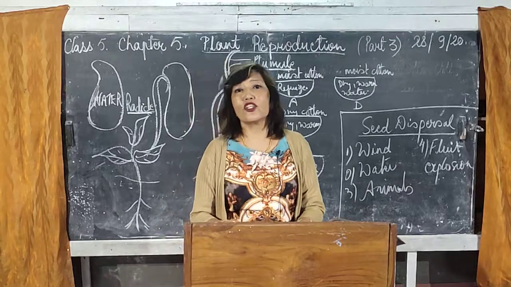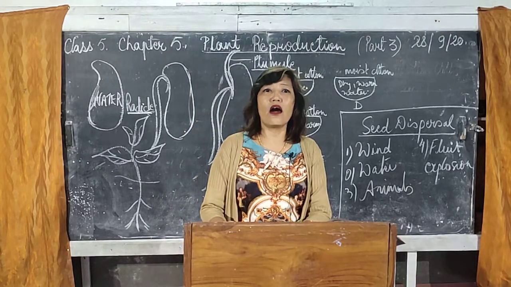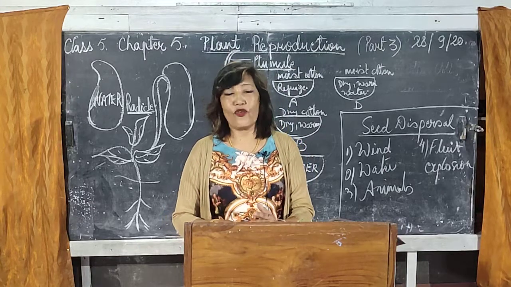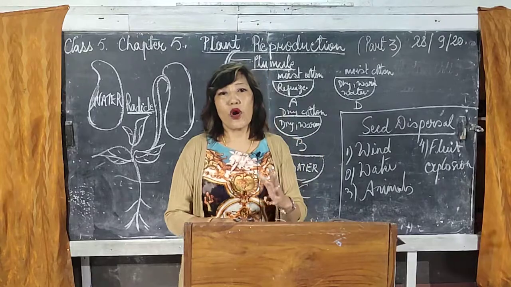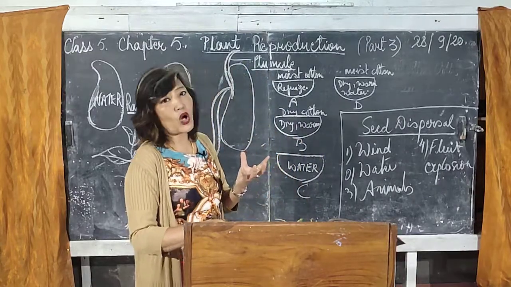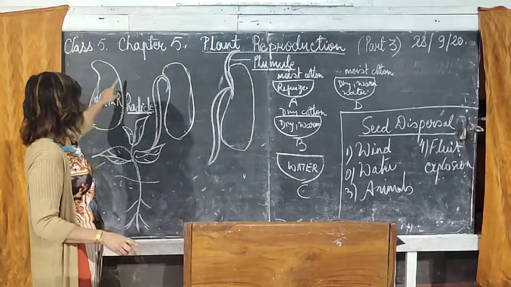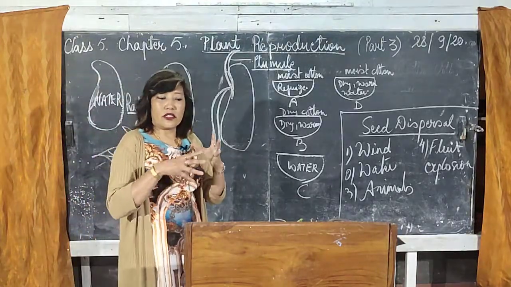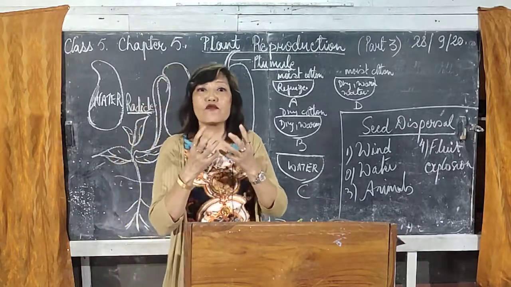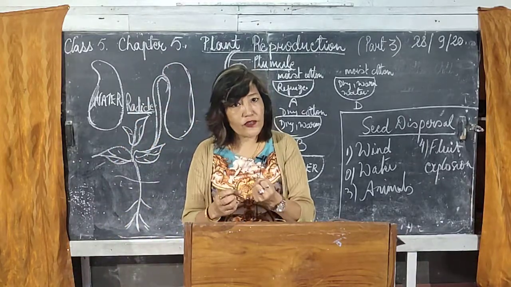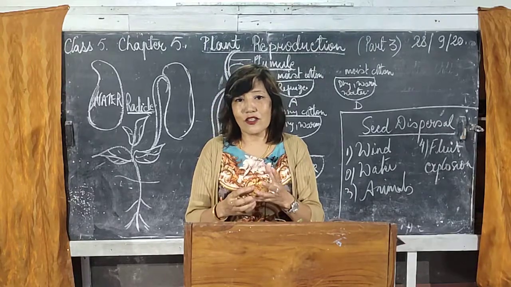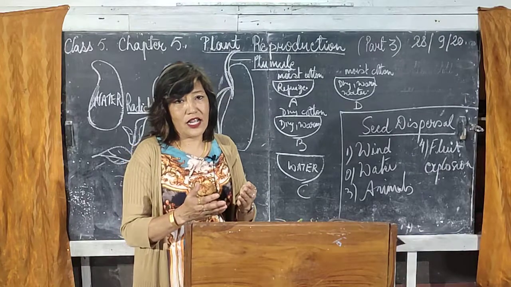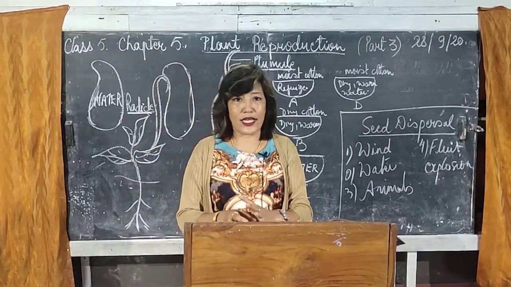Now if you see the stages of germination, there are about 4 stages of germination of a seed. In the first stage, what happens once the seed absorbs water? The seed coat will become soft, and the cells of the baby plant inside the seed will start to divide and increase in size.